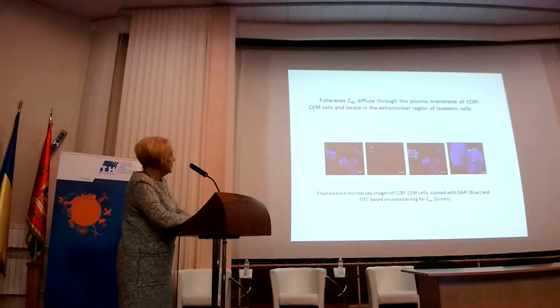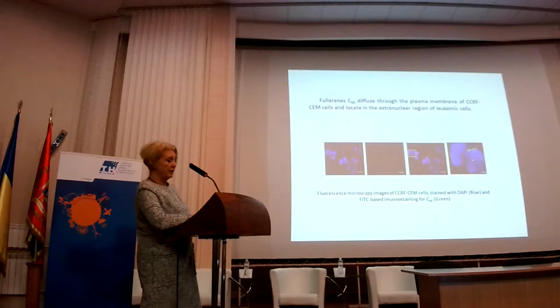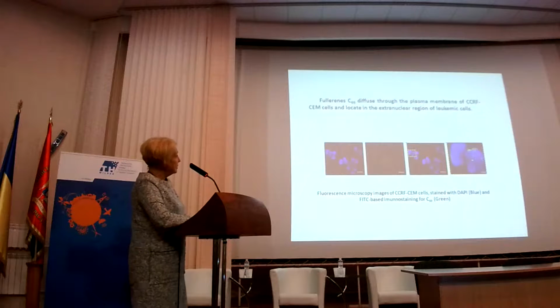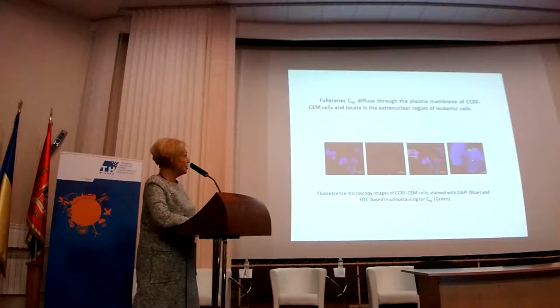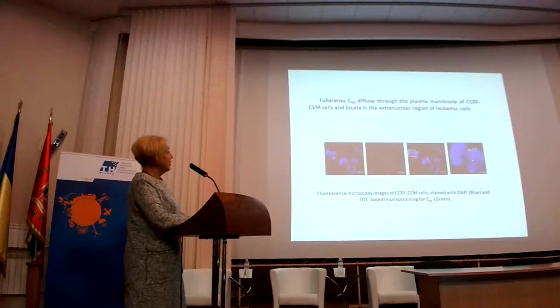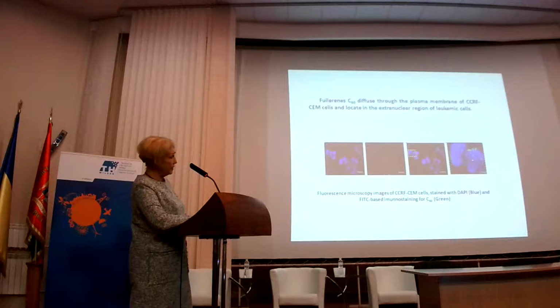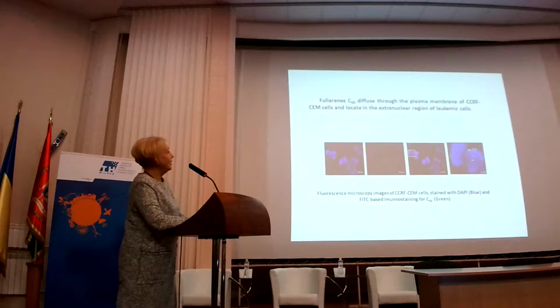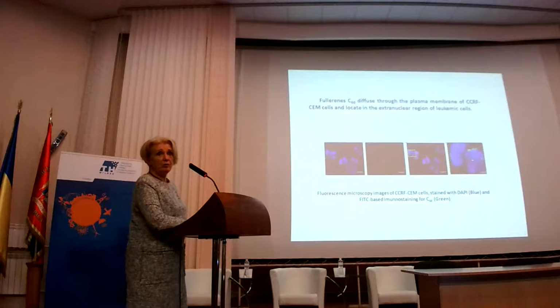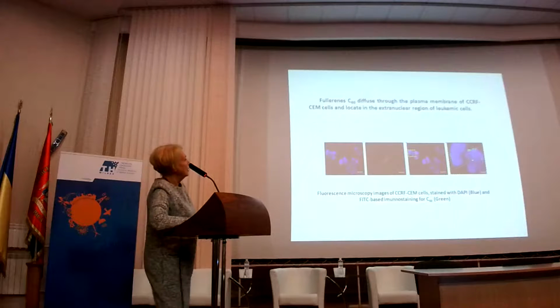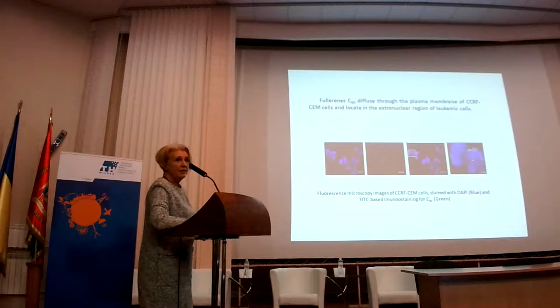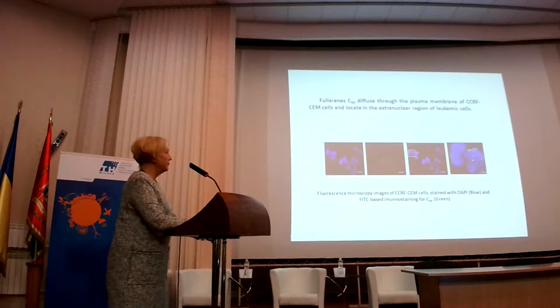And DAPI, which is used to mark the nucleus of the cell. This is a very nice picture, I like it very much, because it demonstrates that fullerene really penetrates through the plasma membrane and is accumulated in the cytoplasm, in the extranuclear location, not in the nucleus.